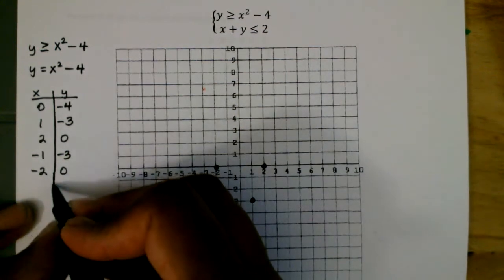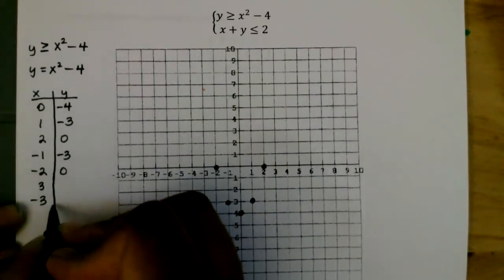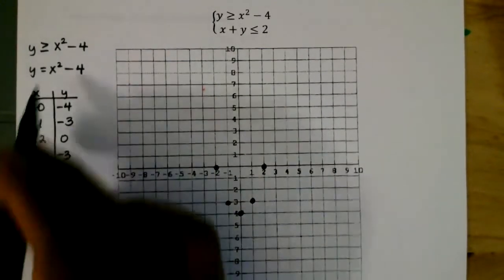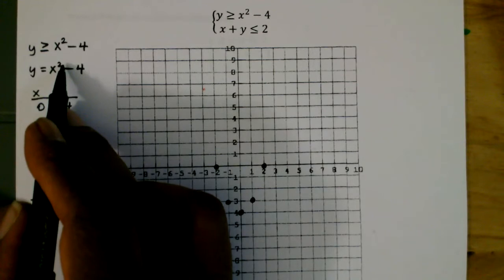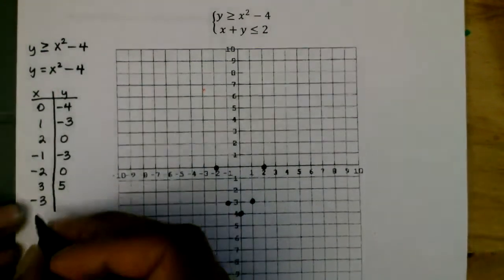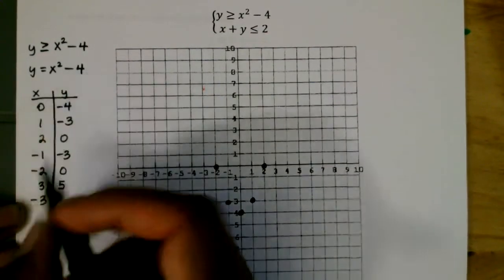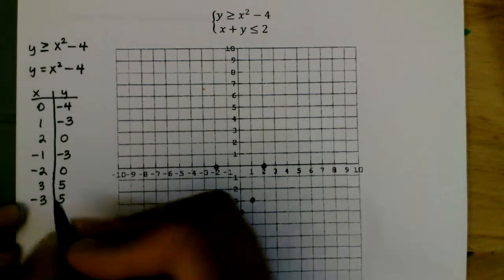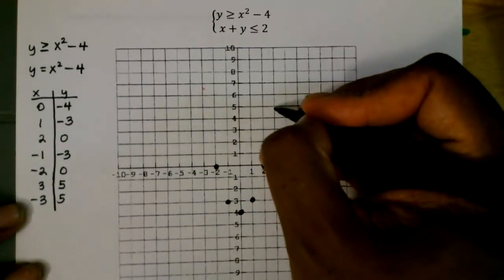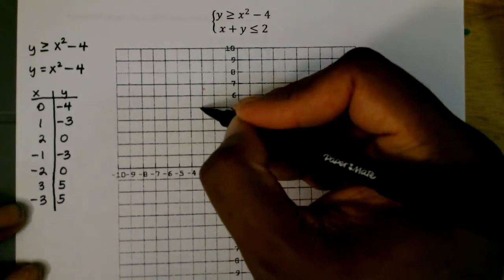All right, let me pick some more points like 3. If x is 3, 3 squared, or 3 times 3, is 9. 9 minus 4 will be 5. And for negative 3, that'll be negative 3 squared, or 9, minus 4, which will be 5 as well. So 3 and up 5, and also negative 3 and up 5.